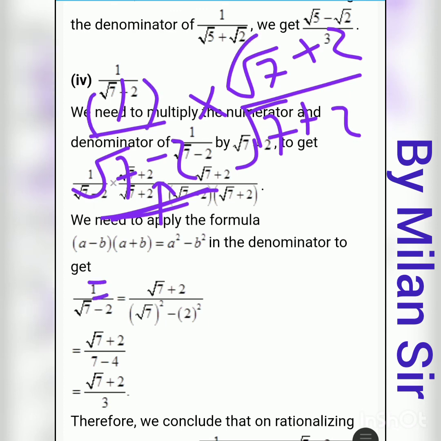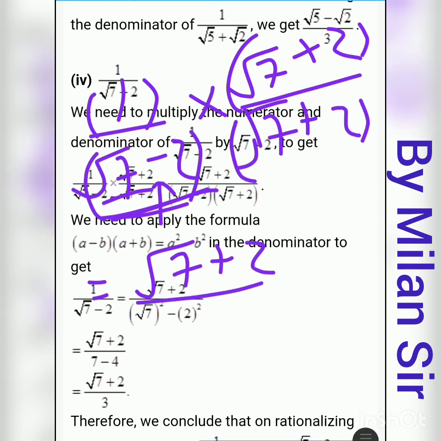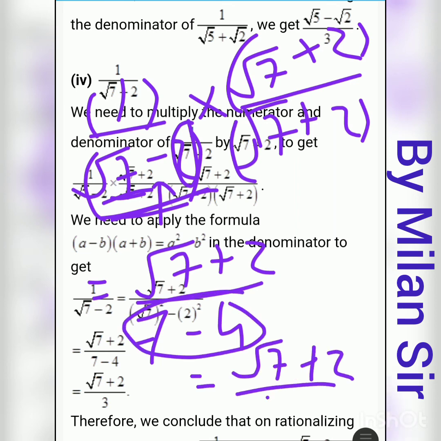In numerator we multiply, so under root 7 plus 2 multiplied by 1 is the same, and in denominator x minus y, x plus y, so x square minus y square. First term square, under root 7 all square is 7 only, negative sign as per the formula, second term 2 square is 4. So in numerator under root 7 plus 2 divided by 7 minus 4, 3. This is our final answer.